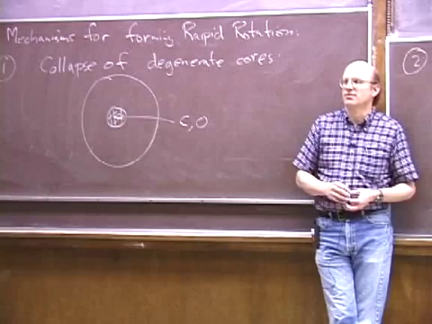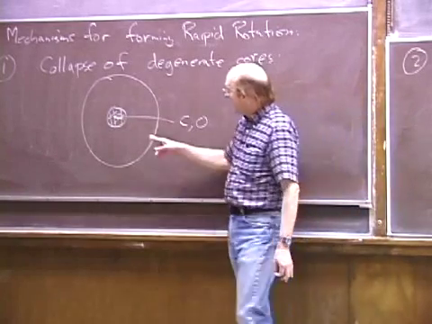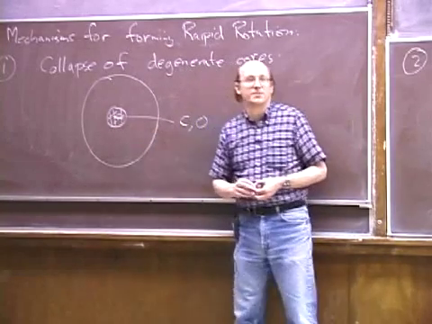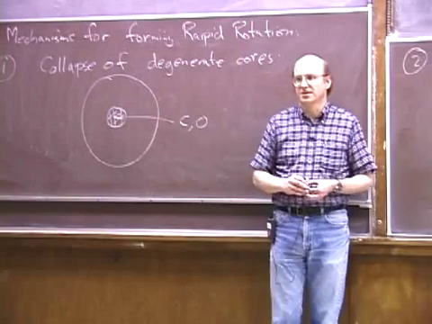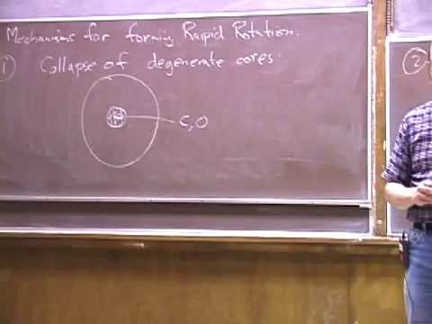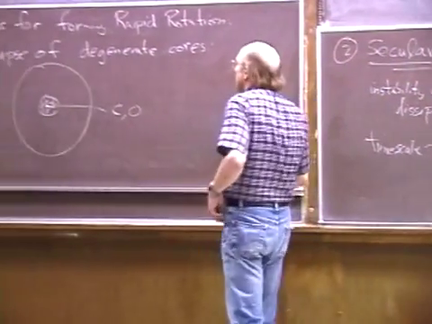It starts being supported by electron degeneracy pressure, and then that can happen only until the mass of this core is something like 1.2, 1.4 solar masses, depending on exactly what the makeup of the material in the core is. So when that happens, it collapses.